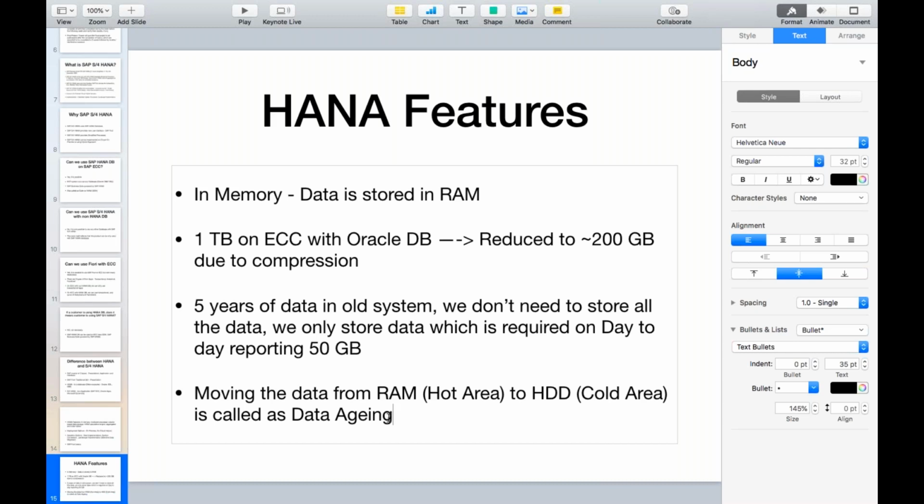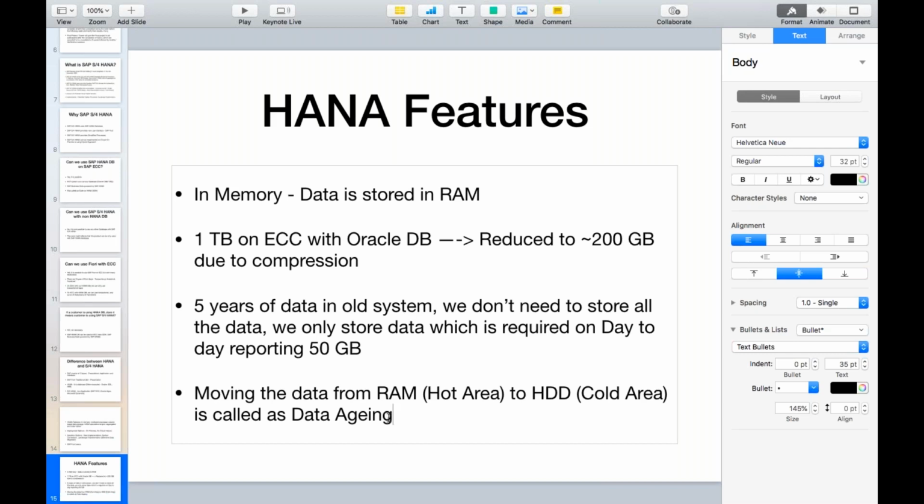So whenever you are implementing SAP HANA, I'm not talking about S4 HANA till now, I'm just talking about the HANA database. Whenever your customer is using a traditional database and they want to migrate to SAP HANA, there is something called data sizing. The technical consultants perform the data sizing.